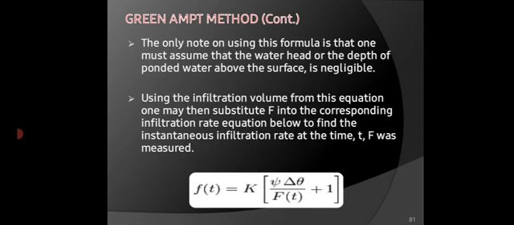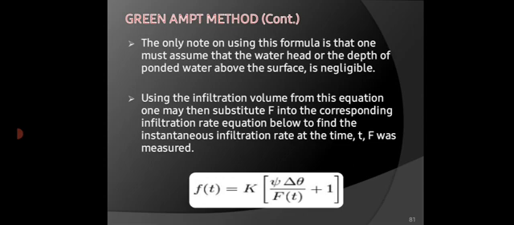The only note when using this formula is that one must assume that the water head or the depth of ponded water above the surface is negligible. Using the infiltration volume from this equation, one may then substitute F into the corresponding infiltration rate equation below to find the instantaneous infiltration rate at time t.